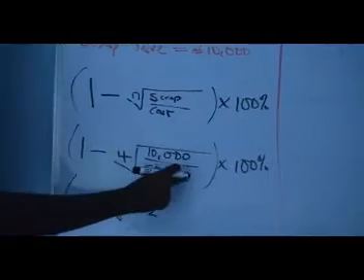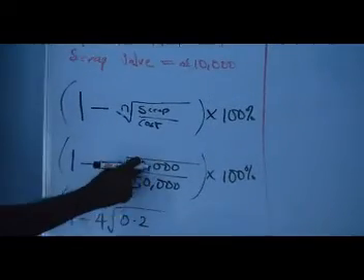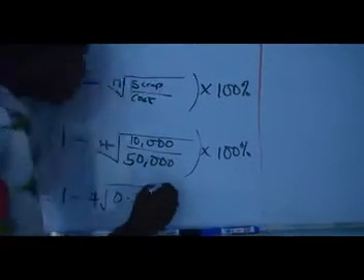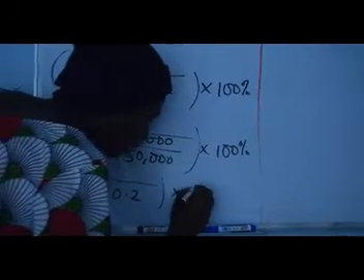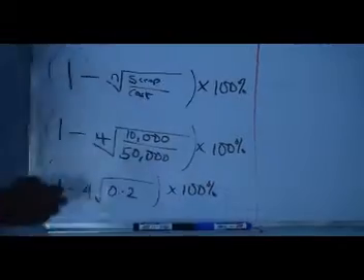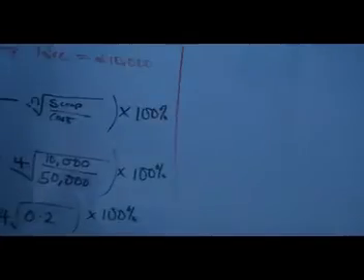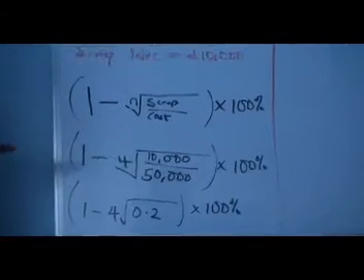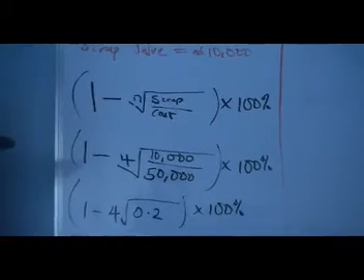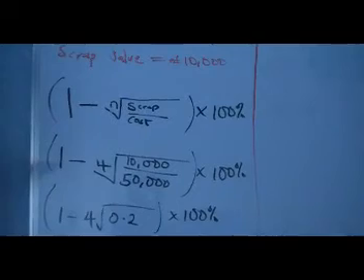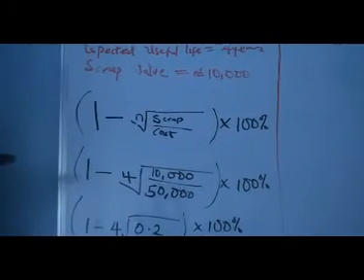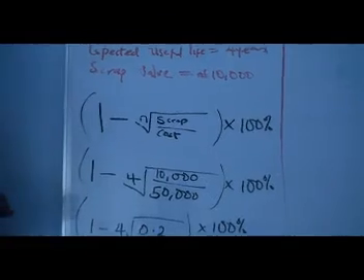Okay, 0 cancel 0, 0 cancel 0, 0 cancel 0, 0 cancel 0. 1 over 5 is 0.2, times 100%. So let me take the fourth root quickly. I'll be using our calculator here. So the fourth root of that is 0.66.